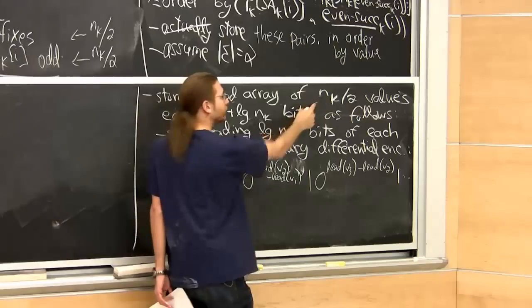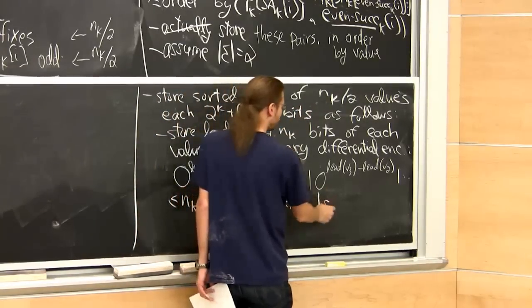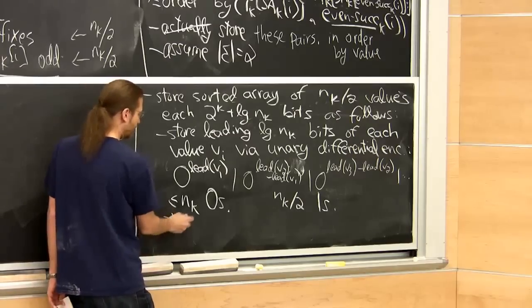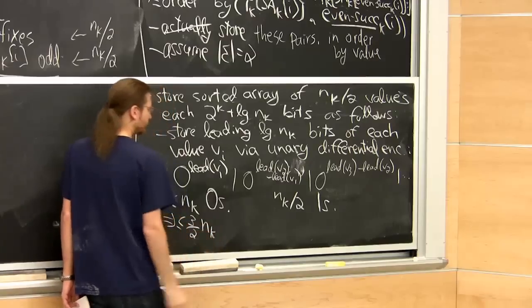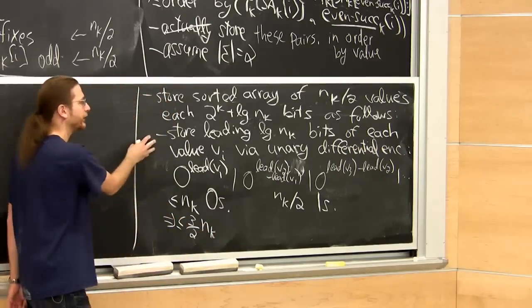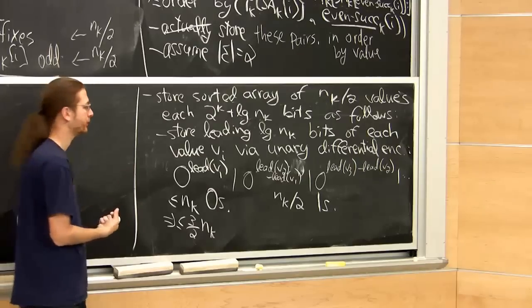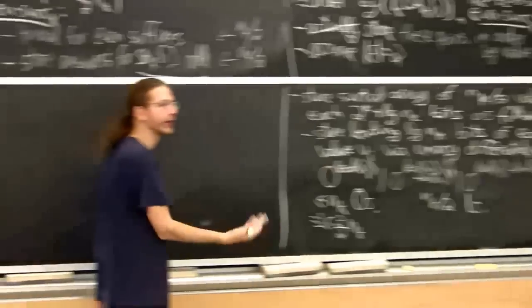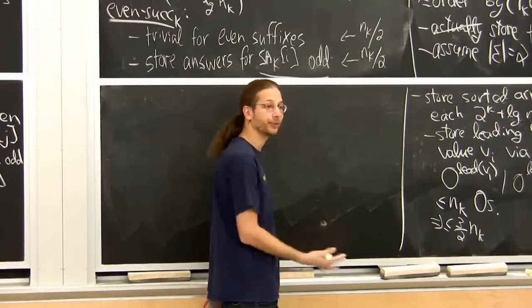So there's nk over 2 1s. So total size of this bit vector is 3/2 nk. So storing those leading bits in this weird way is cheap, linear. Again, this geometric series is going to add up to 3/2. All right, it's going to add up to 3 times n.